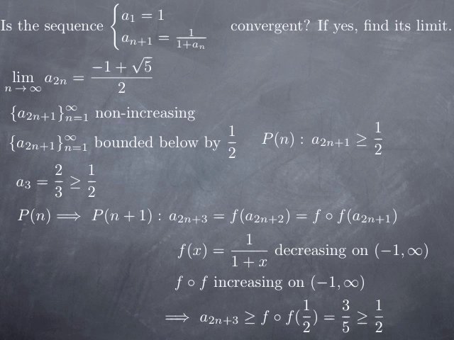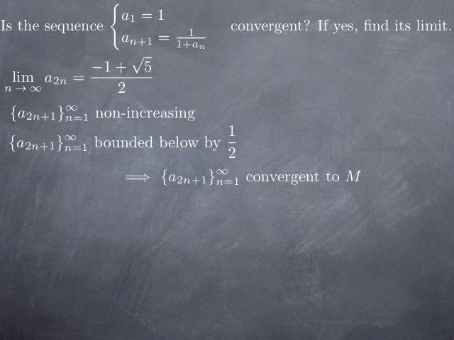On the left hand side we're going to get a indexed by 2n plus 3, on the right hand side the value of f composed with itself at 1/2, which turns out to be 3/5, which is itself greater or equal to 1/2. Therefore a indexed by 2n plus 3 is greater or equal to 1/2, and we have proved by induction that our sequence indexed by odd numbers is bounded below by 1/2.